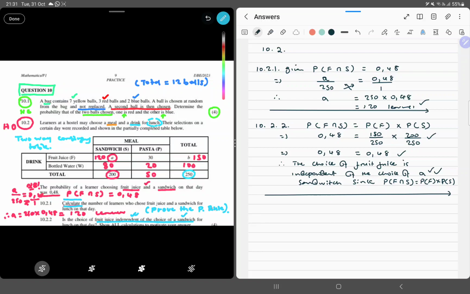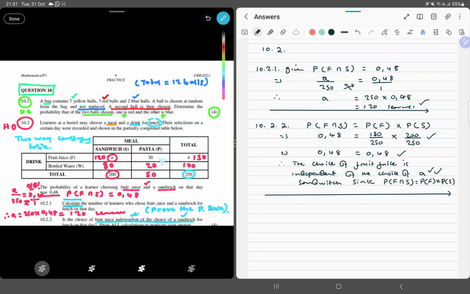You need to be able to construct a two-way contingency table, meaning you must be able to do this table given some pieces of information. And you will already see, if you get something that talks about 2 choices of food, sandwich or pasta, and then 2 choices of drinks, which is bottled water, you can even do a tree diagram for this. You don't have to really think of the two-way contingency table.